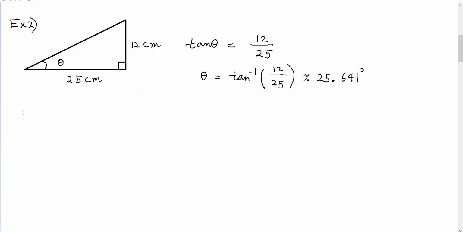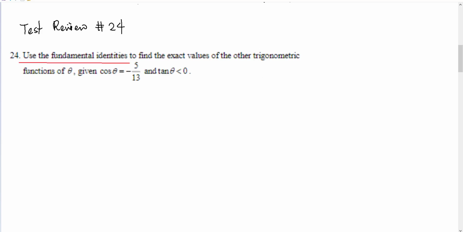Now I'm going to go to the test review number 24. Let's check your answers, and I'm going to work it out. You need to learn to organize your work.